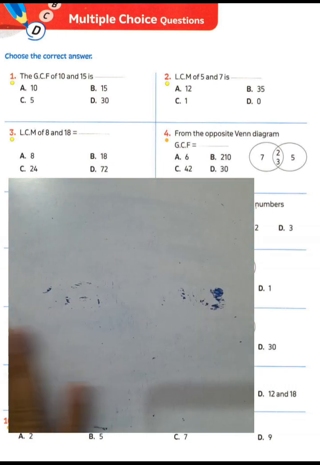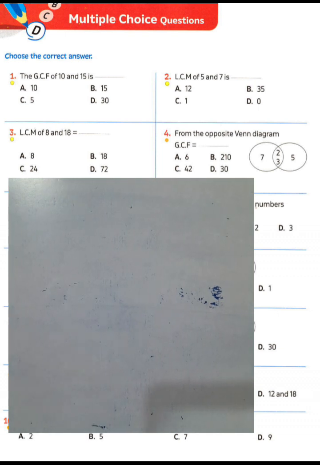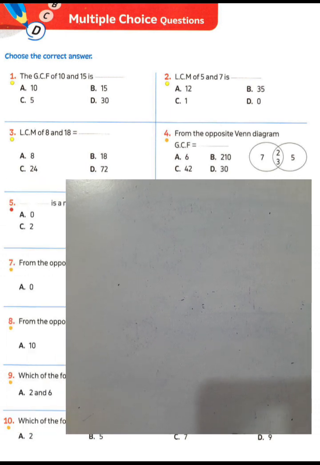Question number 4. Look at with me about question number 4 here. From the opposite Venn diagram, greatest common factor equals space.